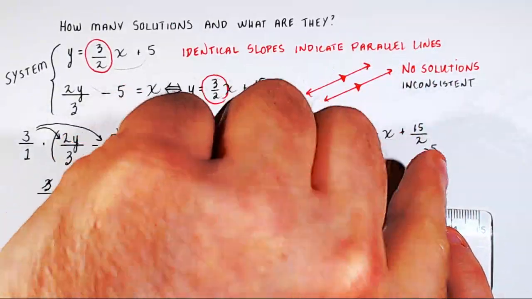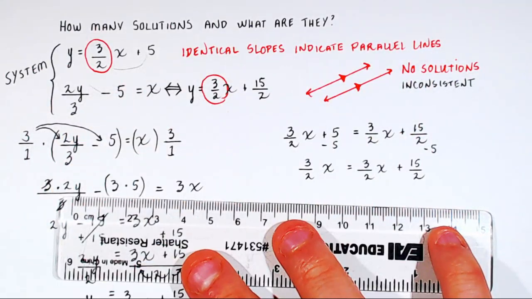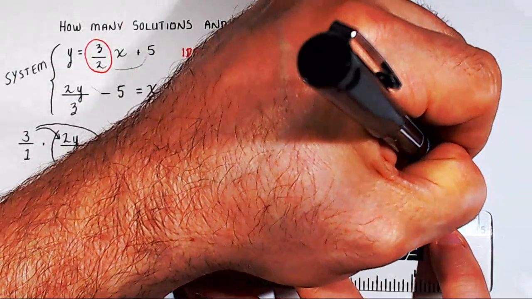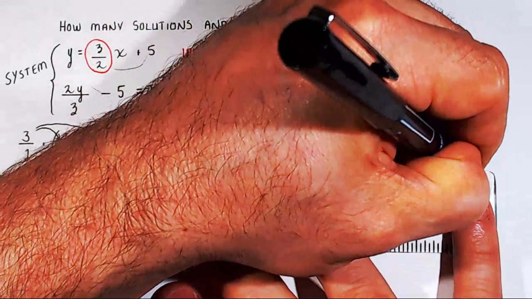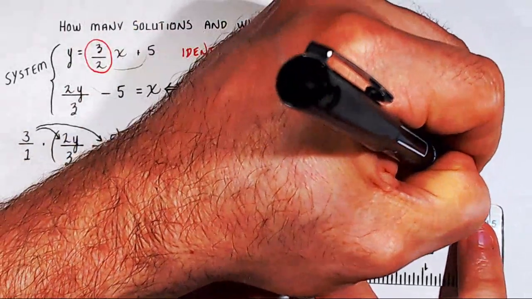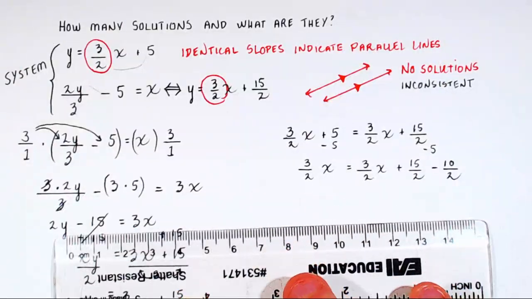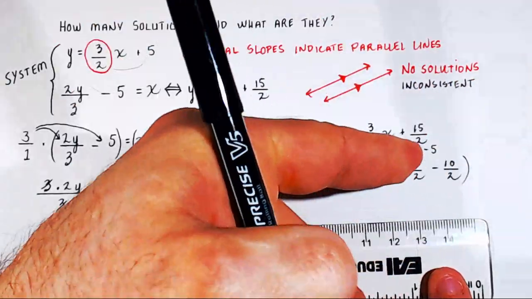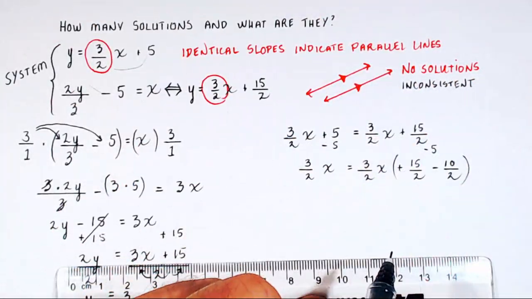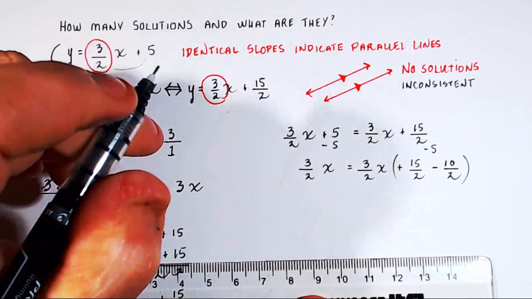And now let's put 5 in terms of 2. We'll say minus 10 over 2, because 10 divided by 2 is 5. Okay, so I can do this. 15 minus 10, I come up with 5 over 2.